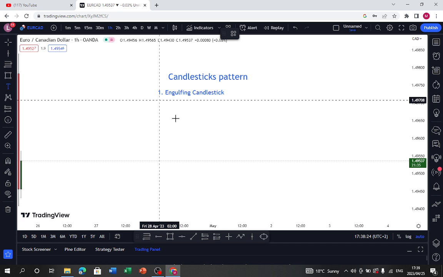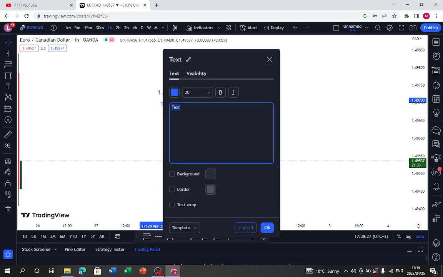Then number two, what we're gonna talk about is a railroad pattern.